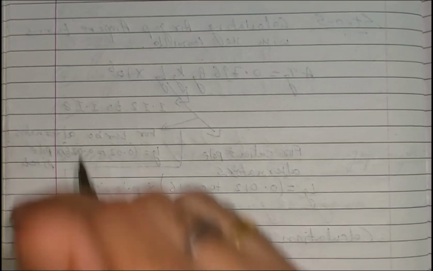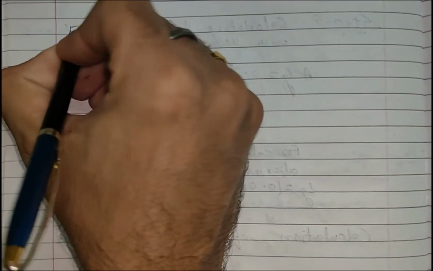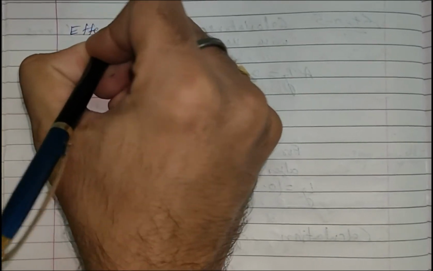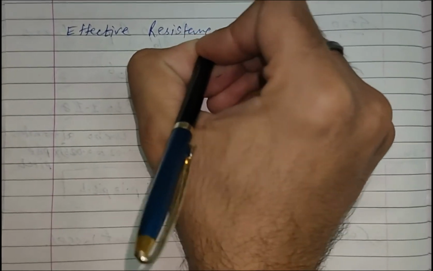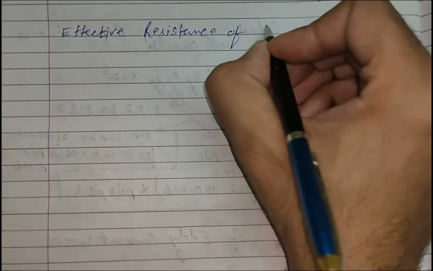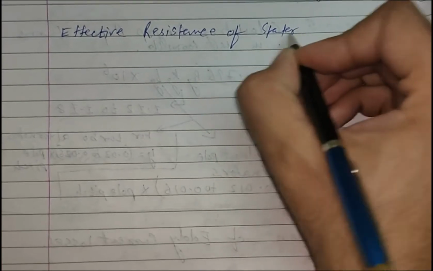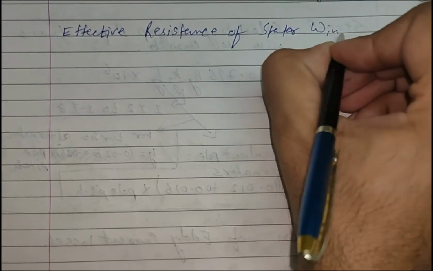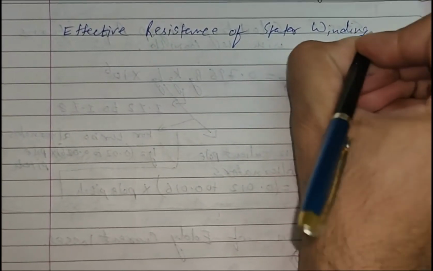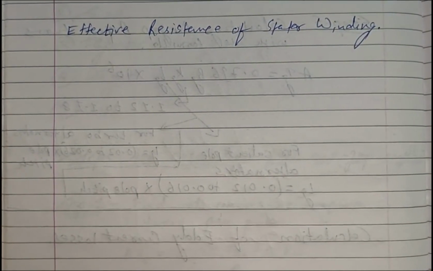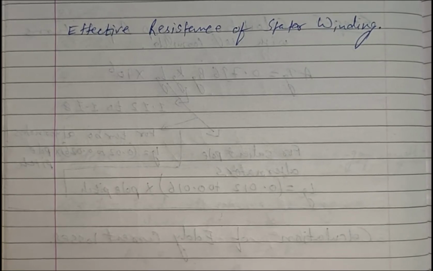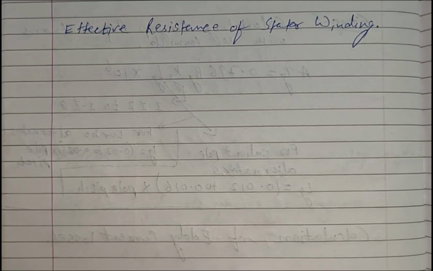Next we would move to the effective resistance of the stator winding. So the effective resistance of the stator winding can now be found out from the resistance of the stator winding and the average loss factor.